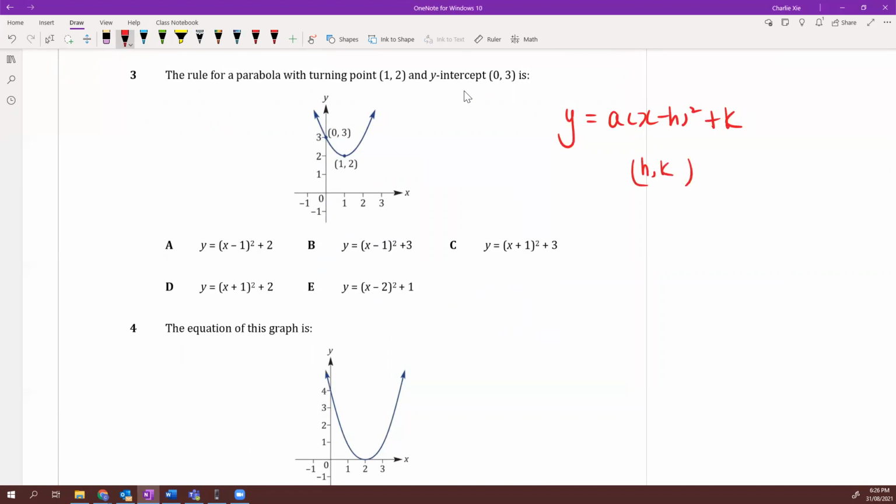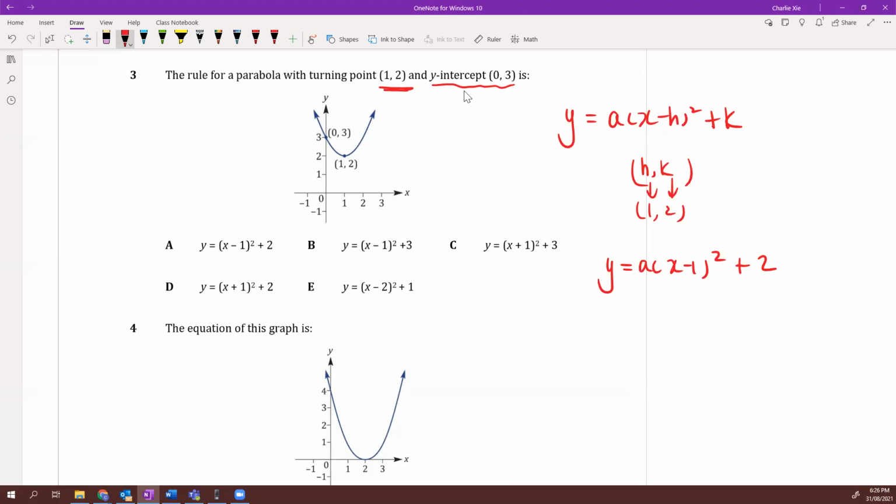Equating your coordinates, the turning point 1,2 just means h equals 1 and k equals 2. So this is y equals a(x minus 1) squared plus 2. That's the equation so far. But we still have one unknown, a.